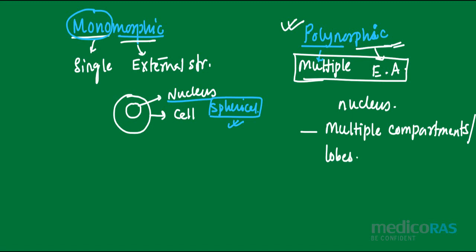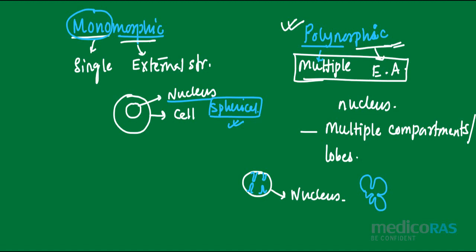Suppose I consider this as a nucleus. What happens if I constrict the nucleus, making one constriction here and another here? The single nucleus will look something like this, and you can see multiple lobes.